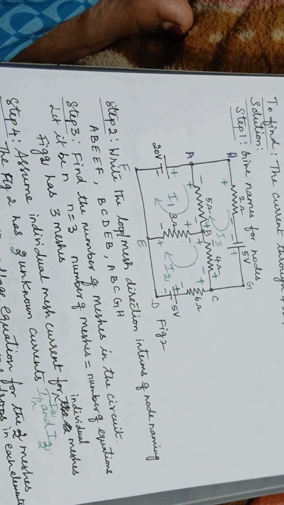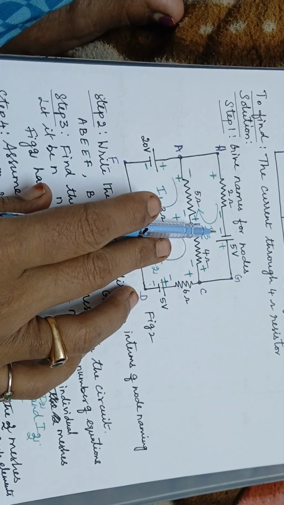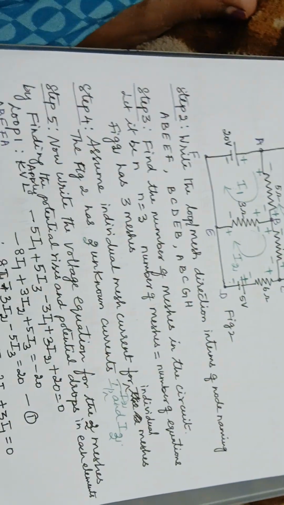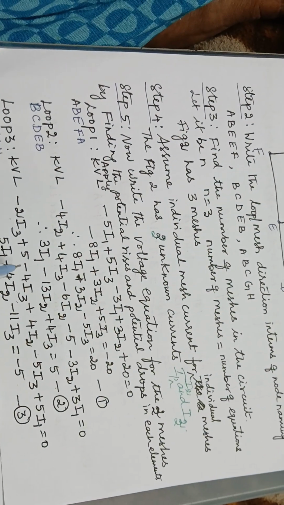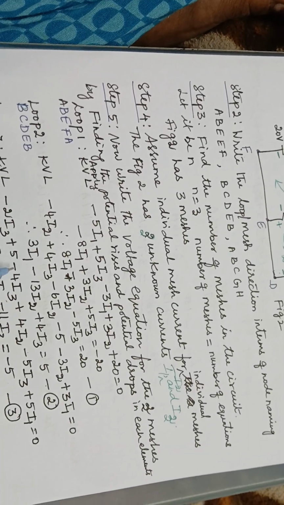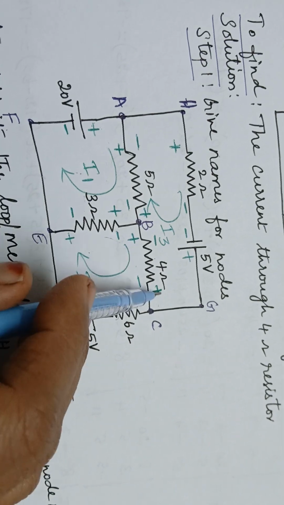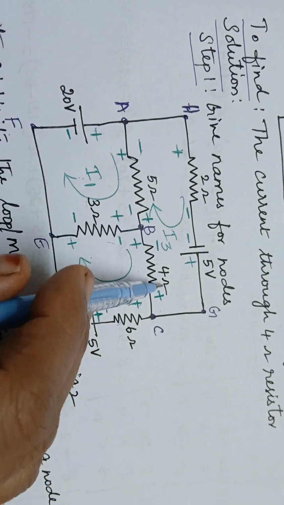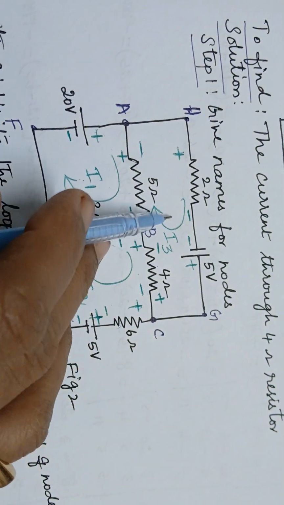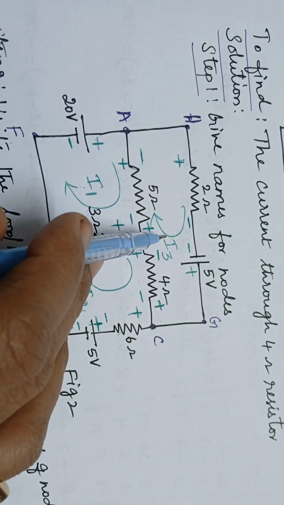Across here it is minus to plus, so I am writing it as plus, potential rise. Next is this resistor, plus to minus, I3, so here it is minus 4 into I3.